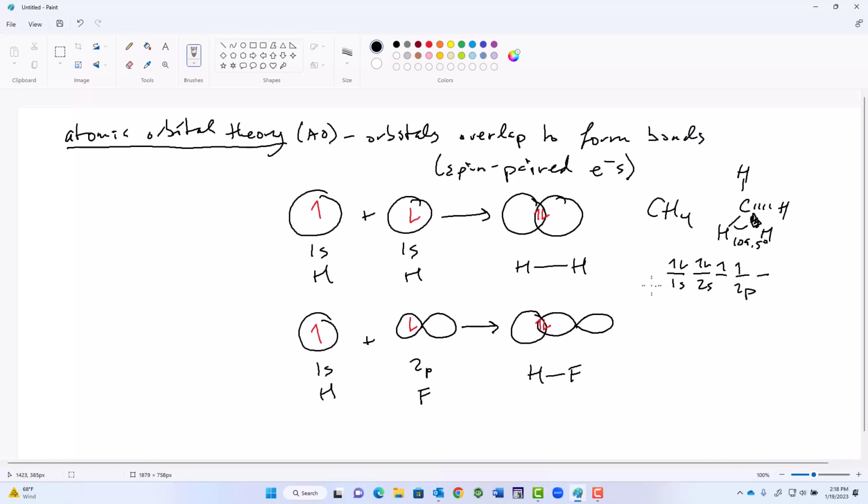Based on this view of atomic orbital theory, carbon in methane should really only form 2 bonds, but we see it forming 4 bonds. So atomic orbital theory breaks down here and can't explain why carbon forms 4 bonds, why it's tetrahedral, why it's evenly spaced, because according to atomic orbital theory it should only form 2 bonds, which is incorrect for a lot of organic chemistry.